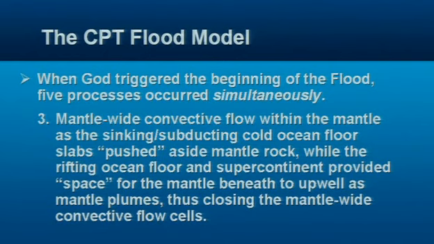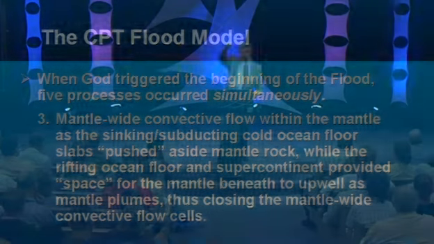The rifting ocean floor and continental supercontinent is going to provide space for the mantle material to upwell, and so you're going to form this circular flow inside the mantle that I illustrated to you before. The rock going down pushes aside mantle and moves it around, so it's going to come up back to the surface warm. The cold material goes down, warm material comes up.